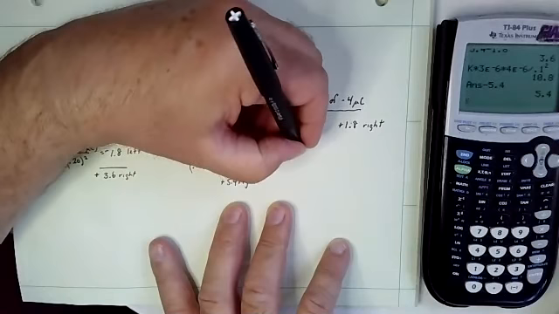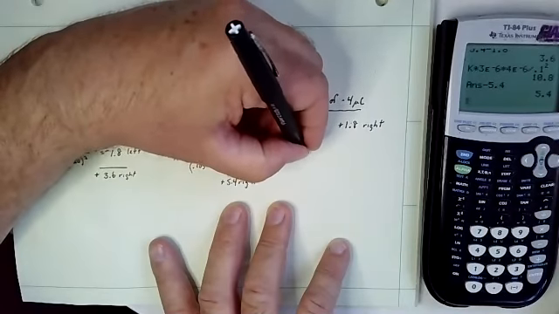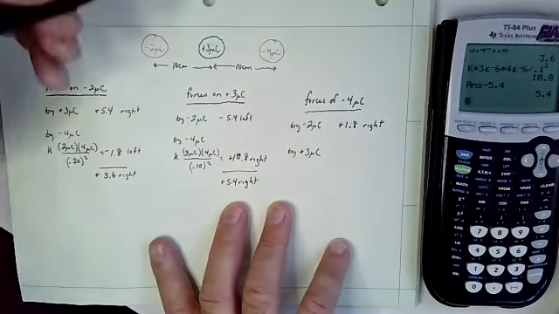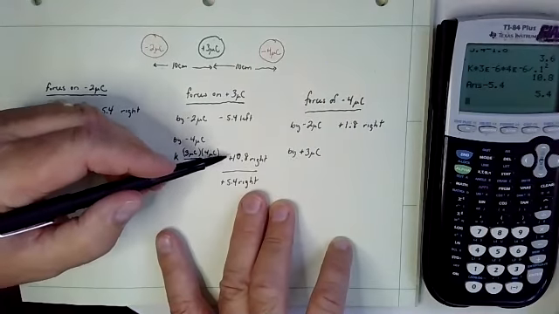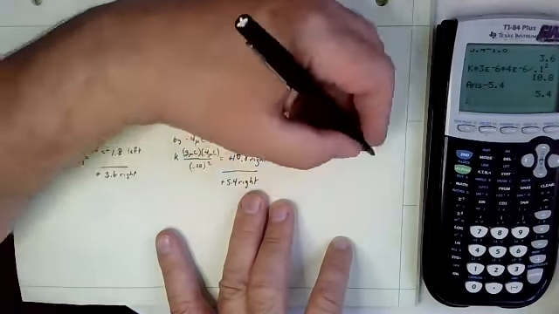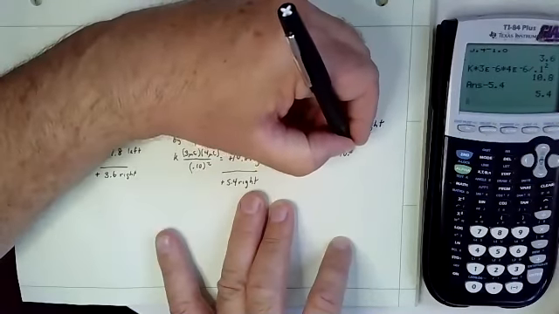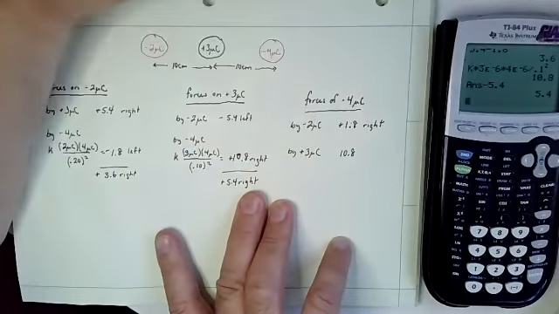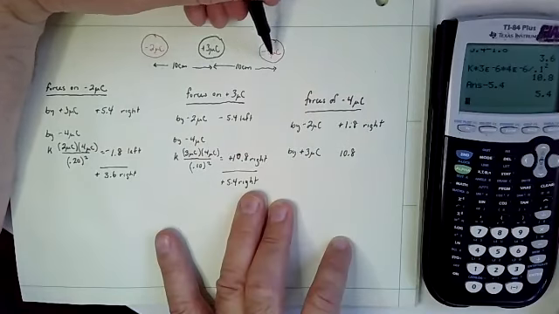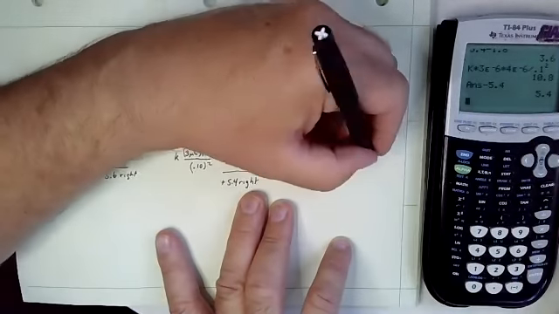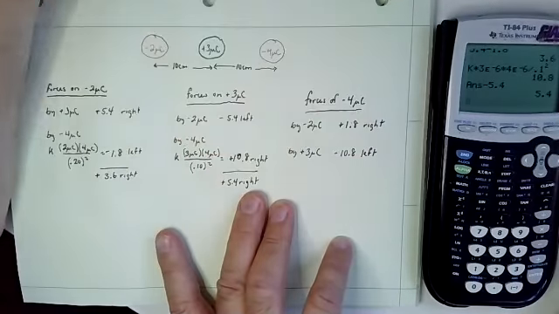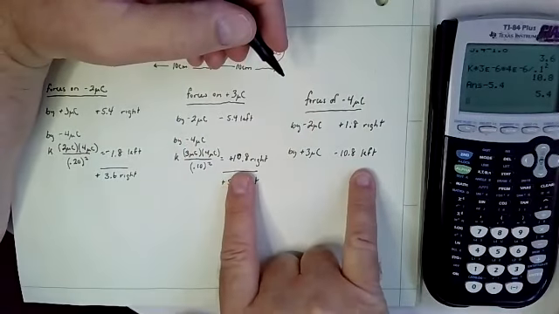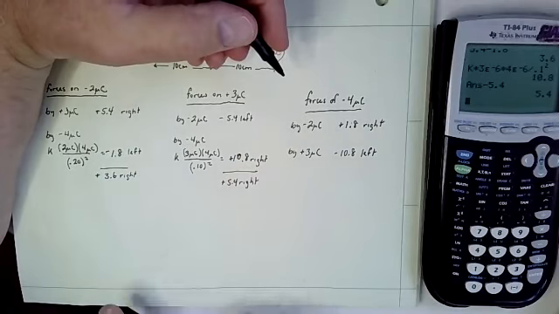And then by the positive 3 microcoulomb charge, well, we already did that too. That's this one. And so that came out as 10.8. But what direction? Well, it's an attractive charge, so it's actually to the left. And so we'll make this negative. Right, once again, Newton's third law, equal and opposite forces.